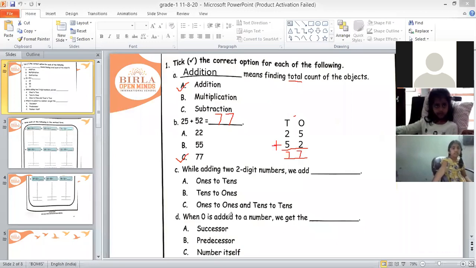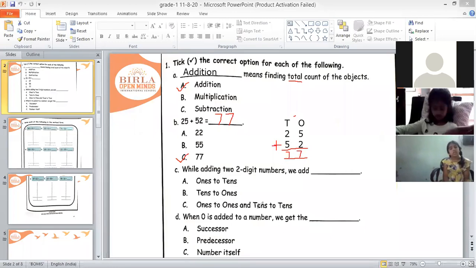I have told you, whenever we are adding two digit numbers or one digit numbers, we always start by adding the numbers in ones place first. And see here children, in our second bit also we started by adding the numbers in ones place first. We added number 5 and 2 together, right? So we have added numbers in ones place to ones place and tens place to tens place.